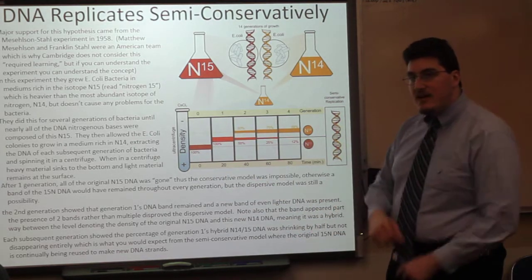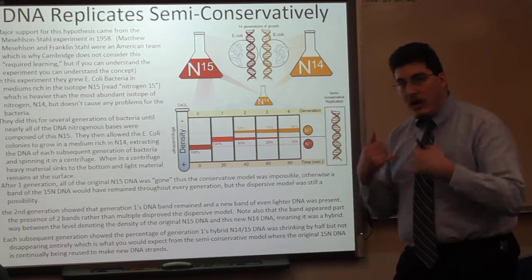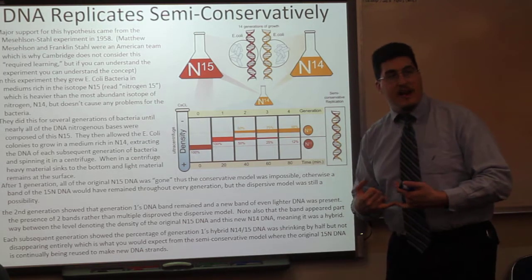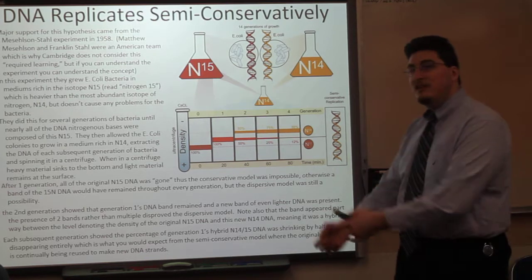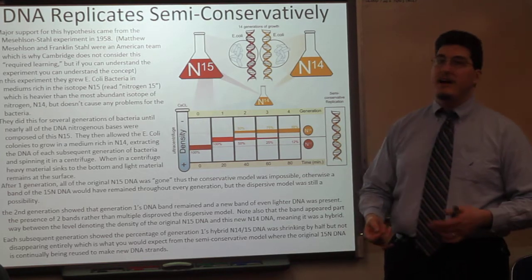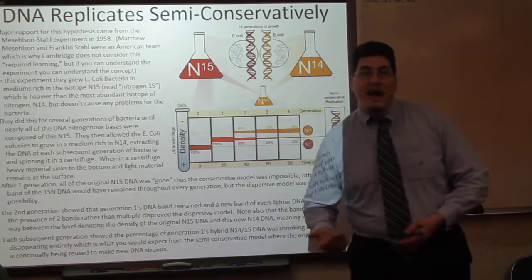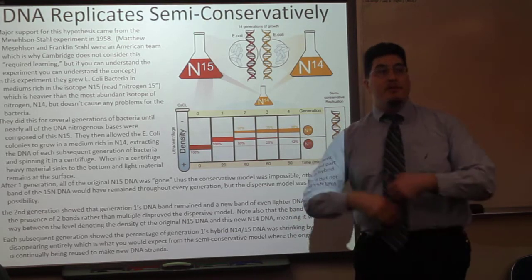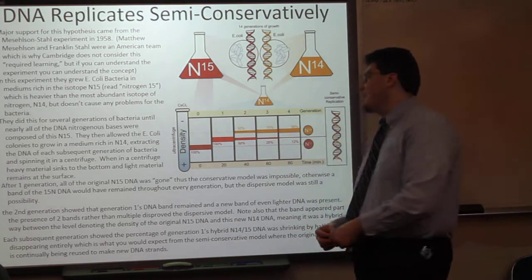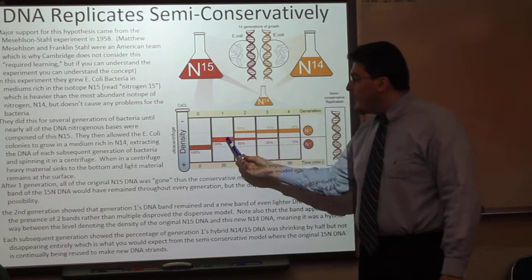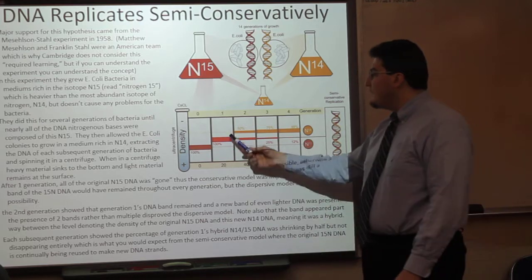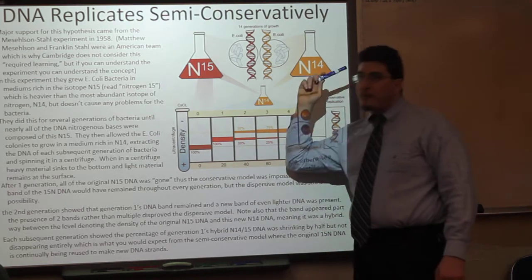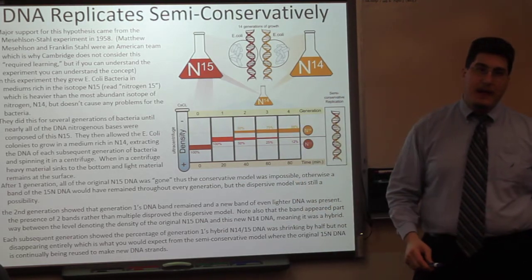Now, if we take that bacteria out of the nitrogen-15 environment, and we put them into a nitrogen-14 rich environment, they will start to utilize that nitrogen-14 to build their next set of DNA. And what we got was 100% of the DNA in the next generation was a different weight of DNA.